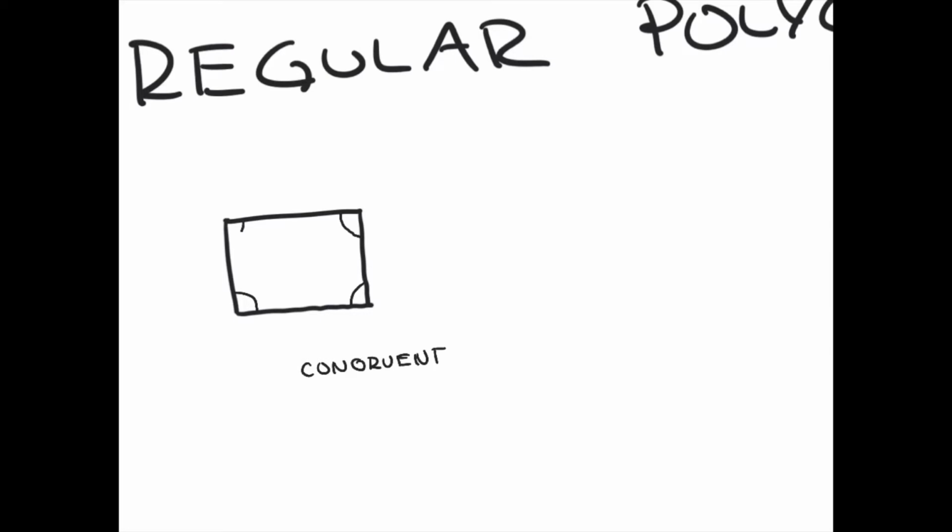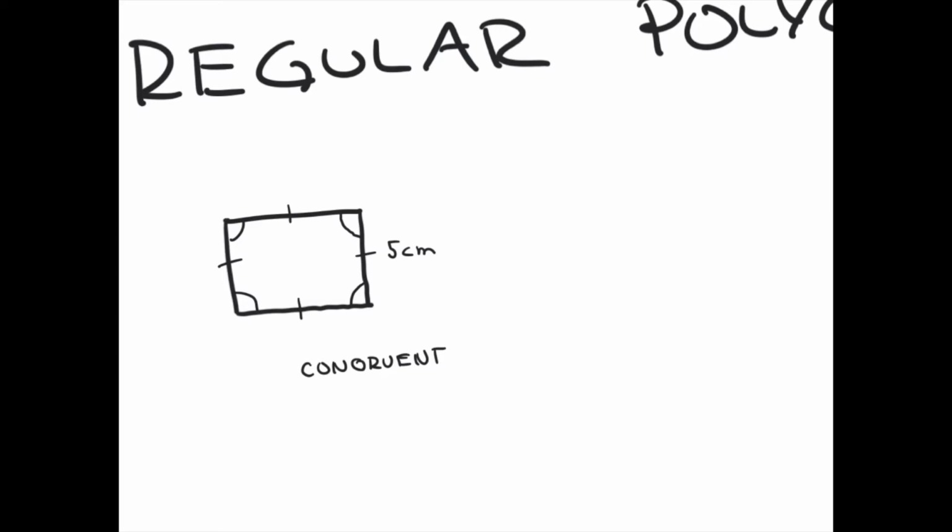So this square that I've attempted to draw has four sides that are the same. Let's pretend they were 5 centimeters long each.